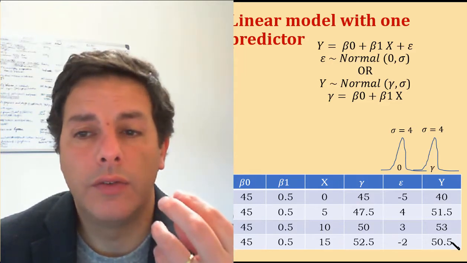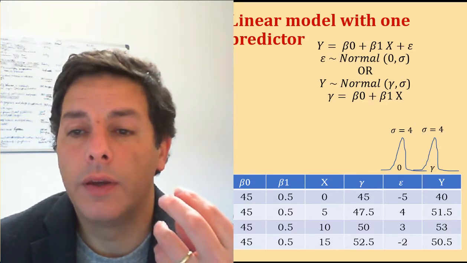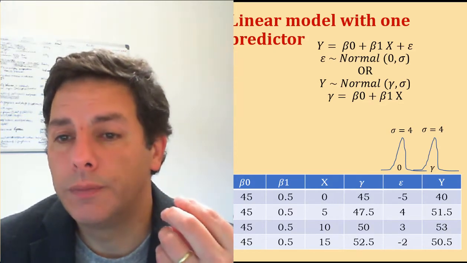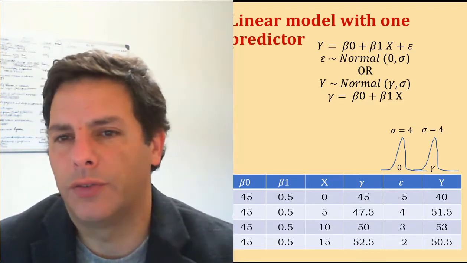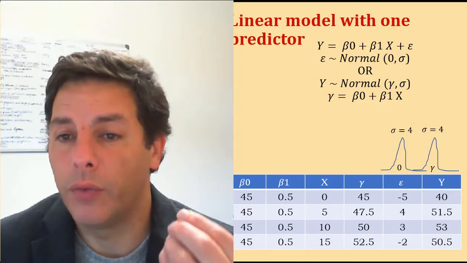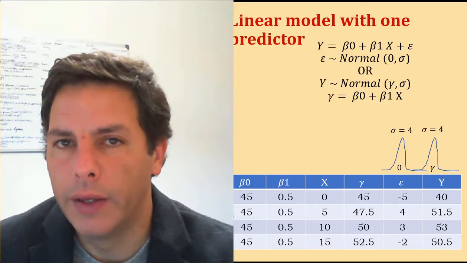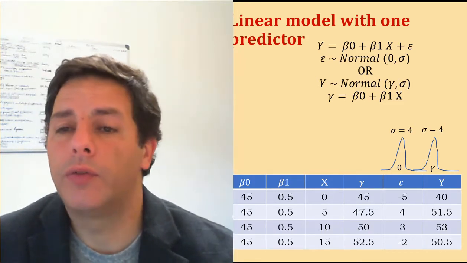So the idea is the same as before, but now the prediction for the values of y depend on the values of x. And that's the important thing. That's what we are interested in, the relationship between x and y. Before, y didn't depend on any value of x.